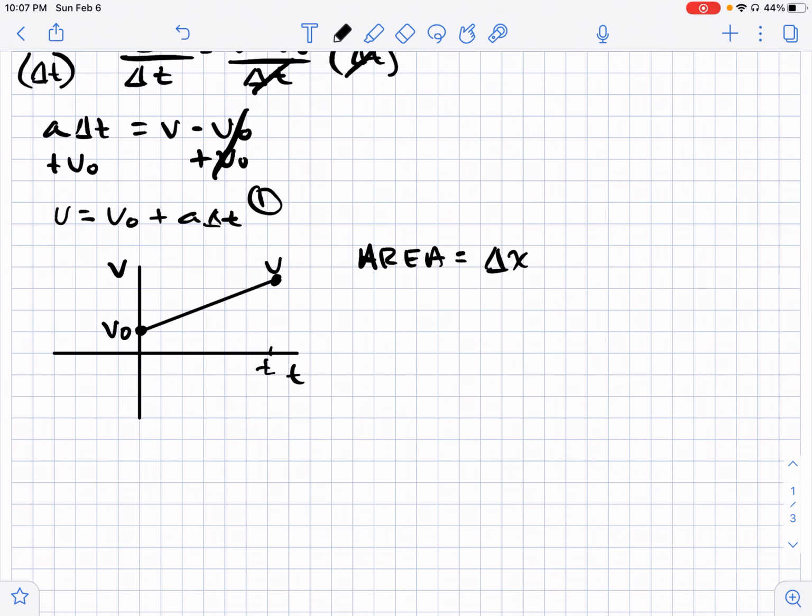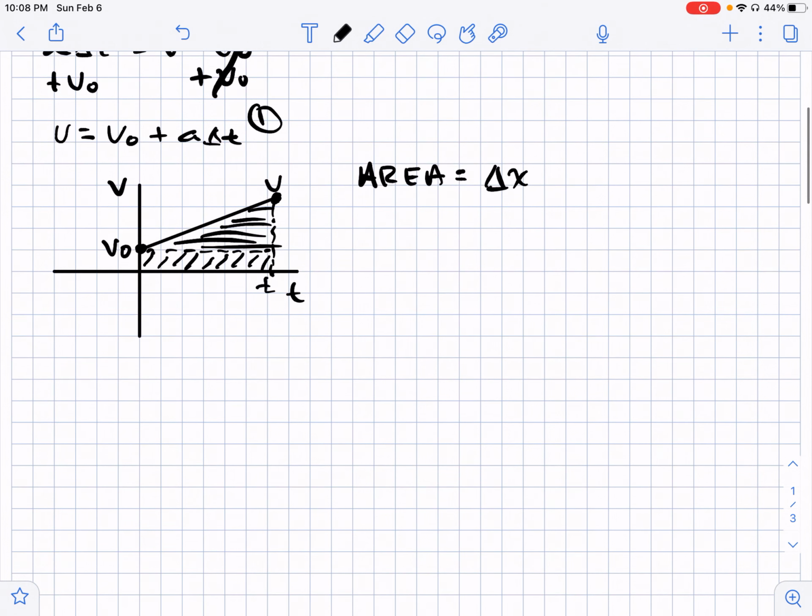So if we broke this up into two shapes, we would have this rectangle here on the bottom, and then we'd have this triangle here on the top. And the area of the rectangle plus the area of your triangle is equal to your displacement. Okay, we've done this this year. So let's build our equation from this.